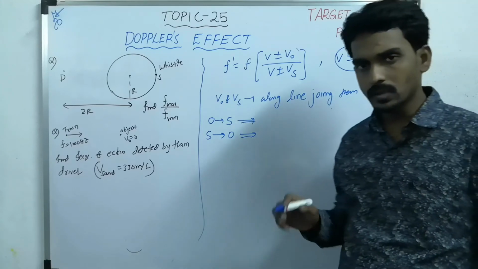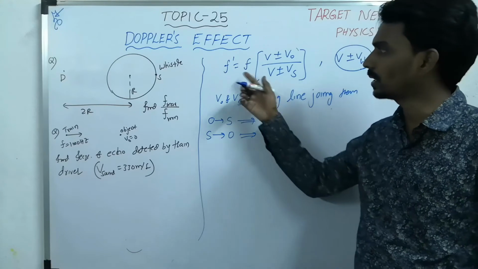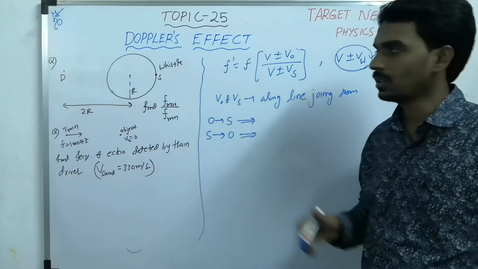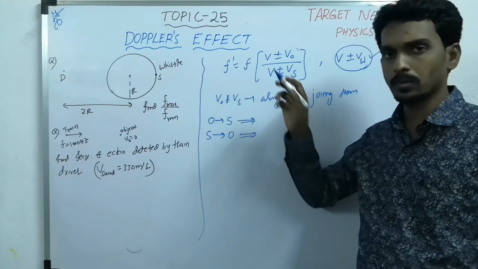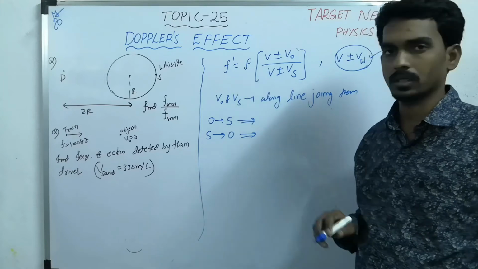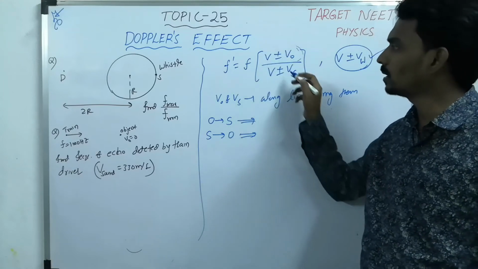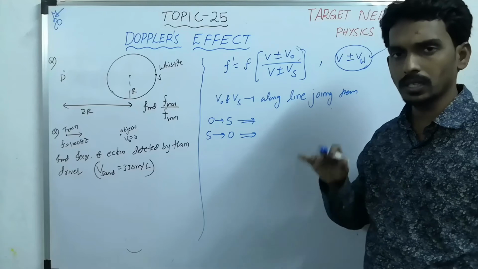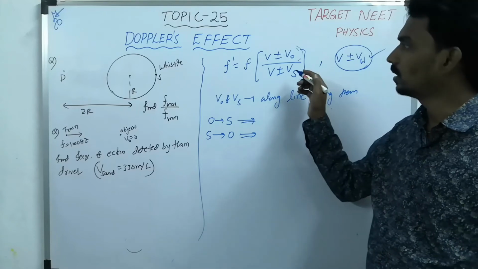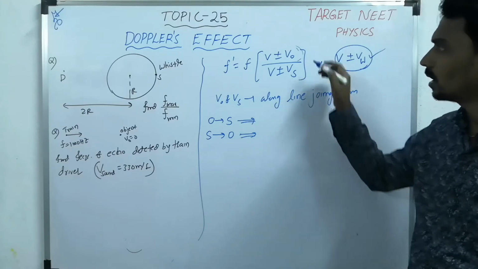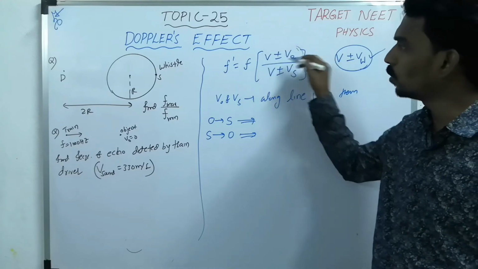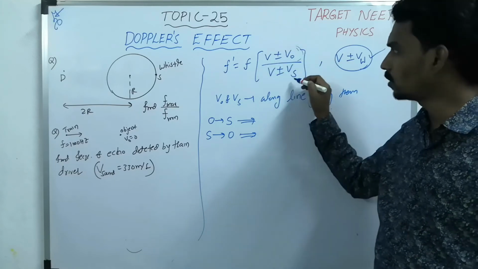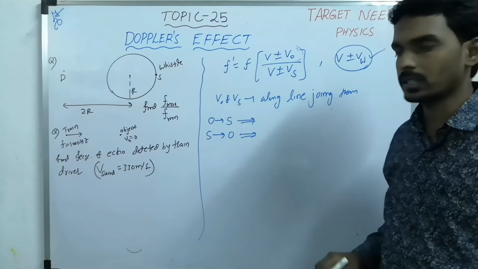In both cases, the frequency increases, so the apparent frequency should be more than the original. That means the numerator should be more, the denominator should be less. So where it should be more, plus should come, and where it should be less, minus should come.